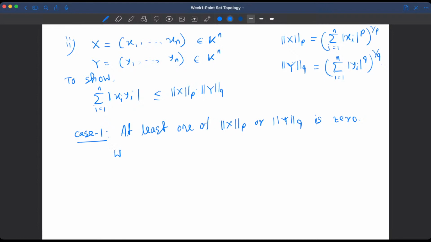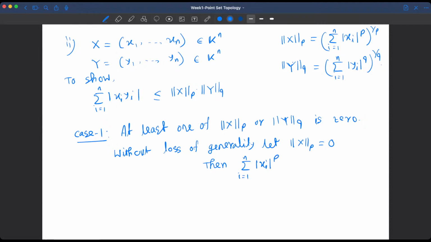So without loss of generality, let the norm of x in p be 0. Then by the norm definition, the sum of i equal to 1 to n of |xi|^p, whole power 1 by p, is 0.